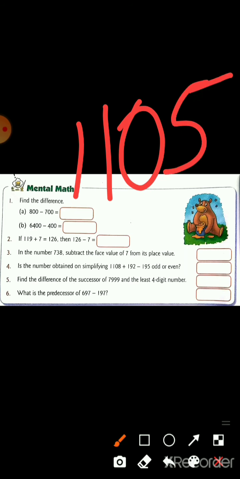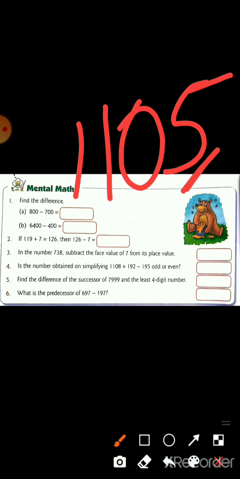1105. Is it odd or even? From the last digit, we can recognize whether the number is odd or even. If the number has ones digit as 1, 3, 5, 7, 9, then that is an odd number.